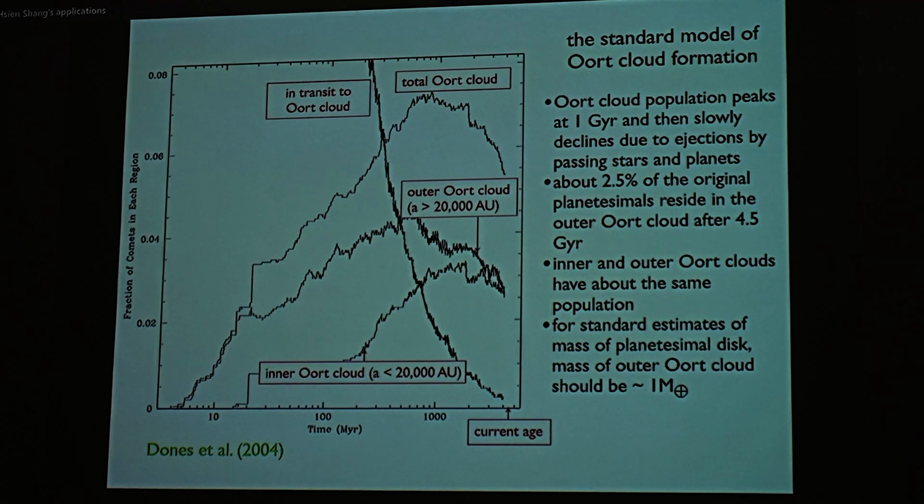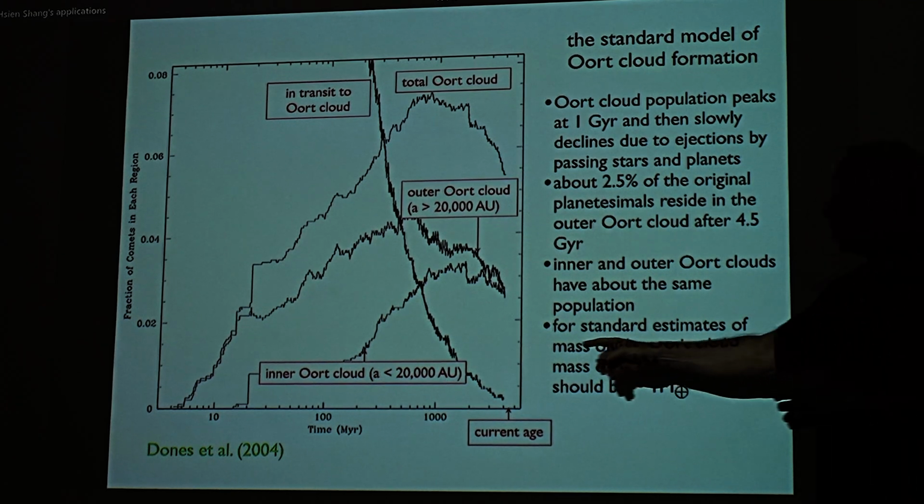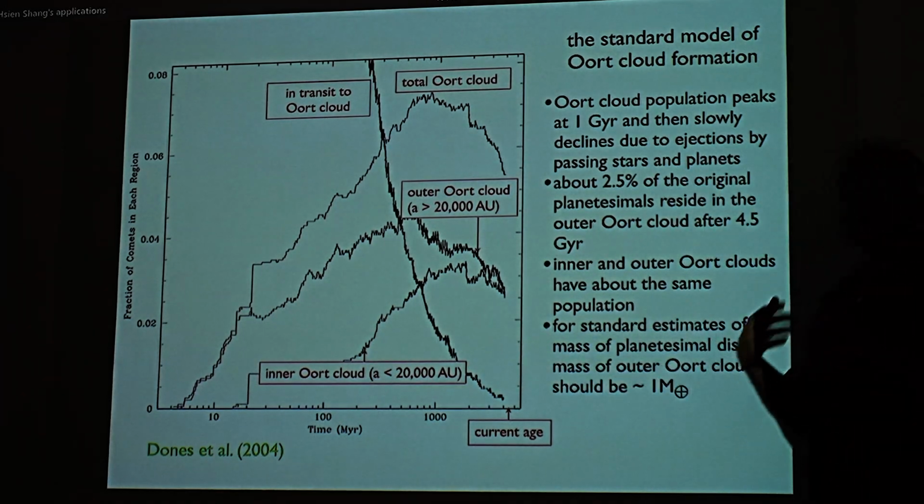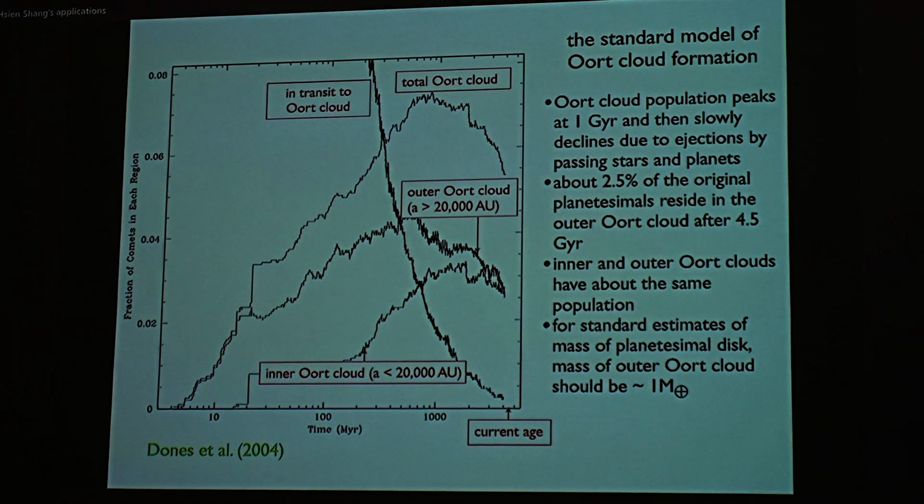For standard estimates of the mass of planetesimals left over after the formation of the planets, this tells you the efficiency at which they get placed into the Oort cloud, and the product of those two tells you the mass of the outer Oort cloud. It says that it should be about one Earth mass, which is what we estimated earlier in the talk. So there's a very nice agreement between the theoretical prediction of the mass of the outer Oort cloud and what we actually see.